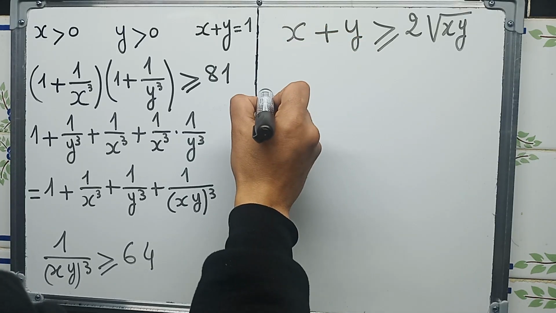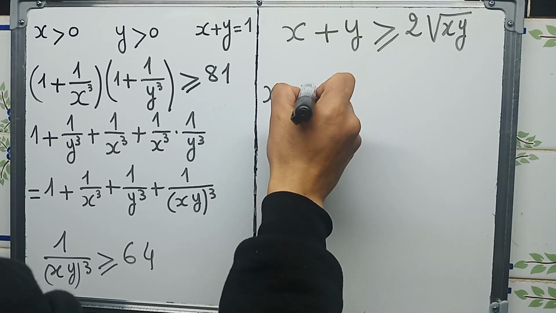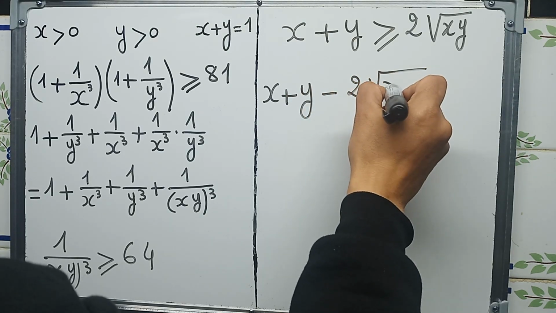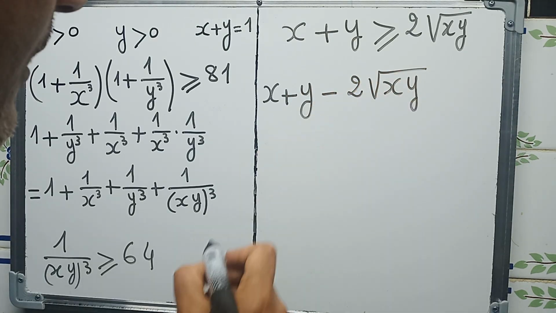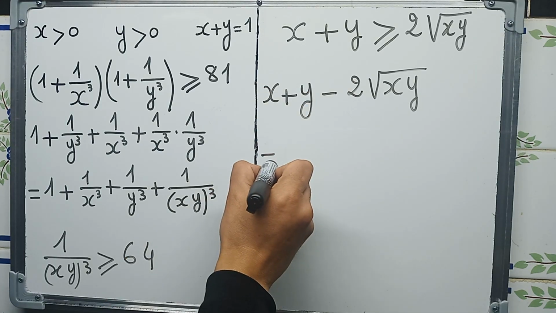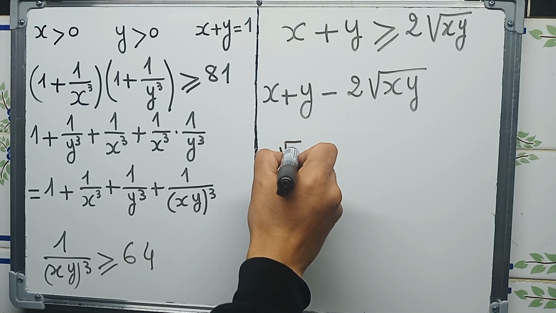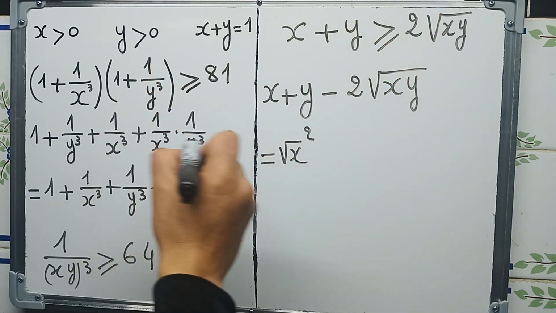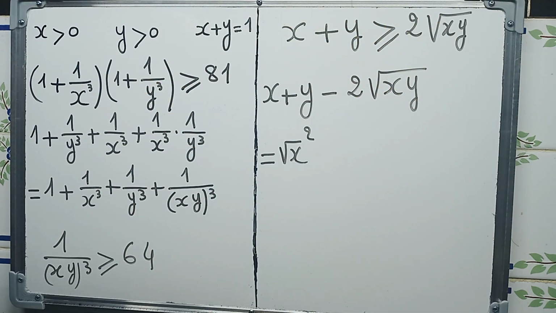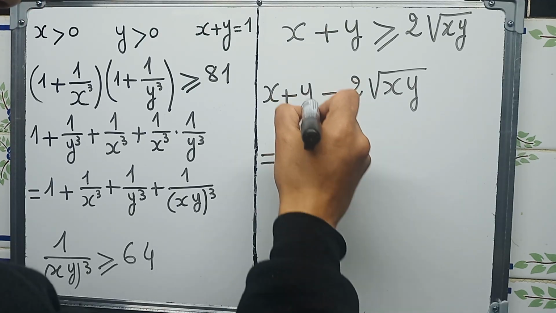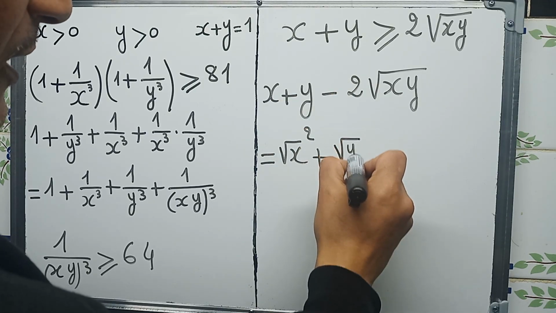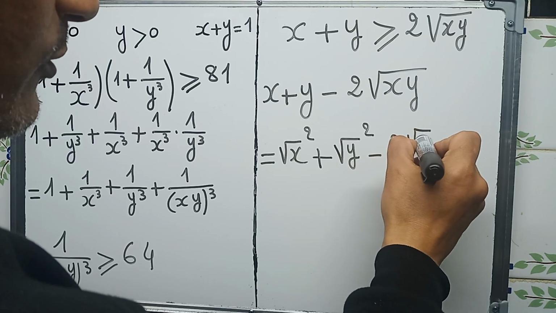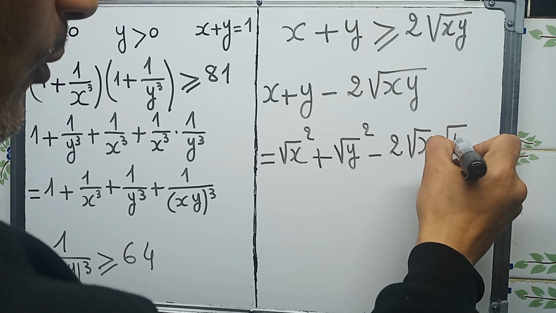So here we have x plus y minus 2 square root of xy. This number is equal to square root of x, squared, since I suppose that x and y are positive numbers, plus square root of y, squared, minus 2 square root of x times square root of y.